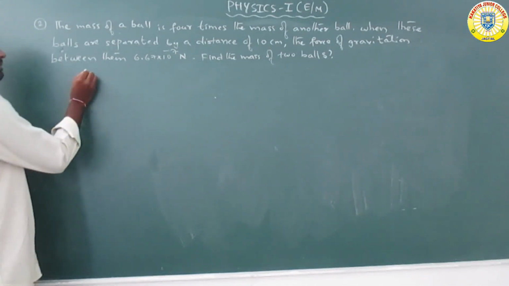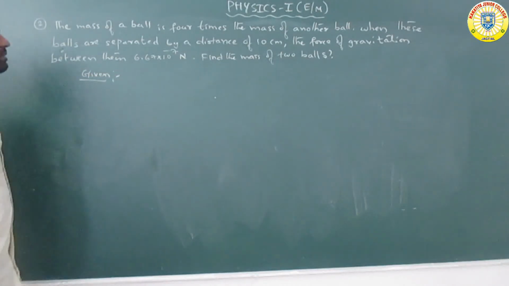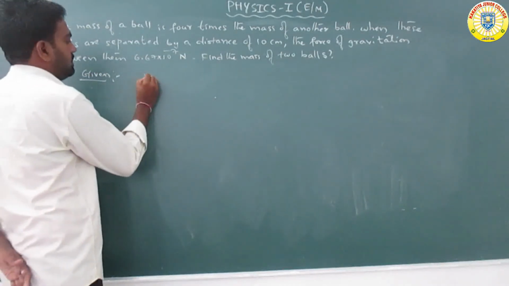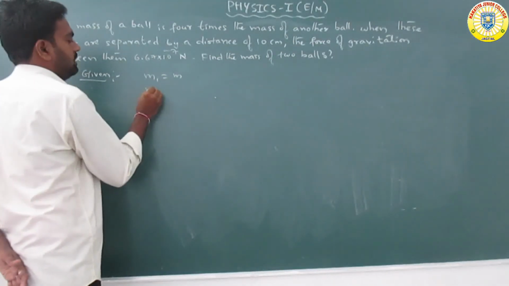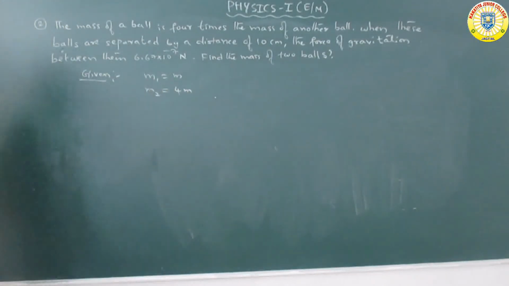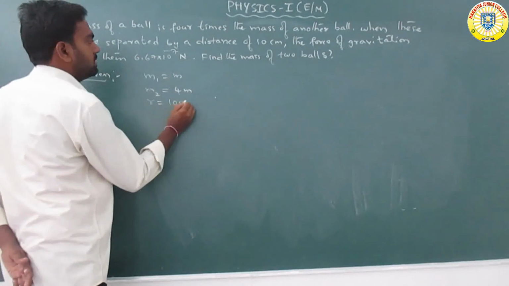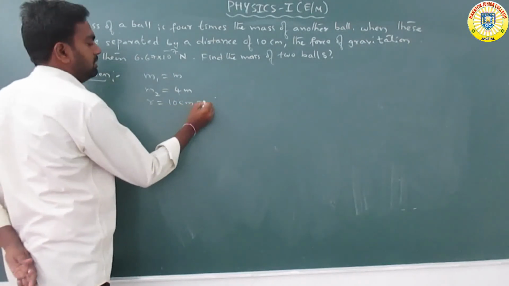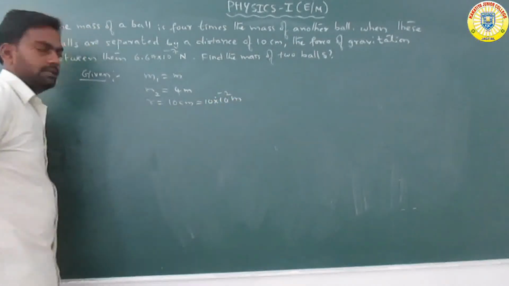Given information: the mass of the first ball m1 is m, and the mass of the second ball m2 is 4m, that is 4 times. The distance r is 10 centimeters, so 10 into 10 to the power of minus 2 meters.